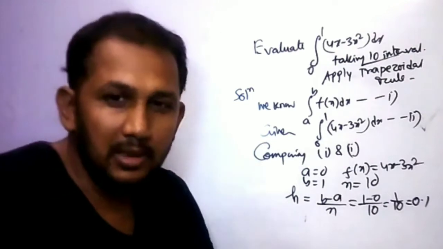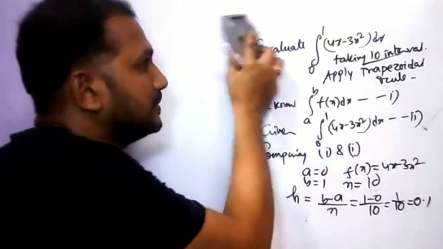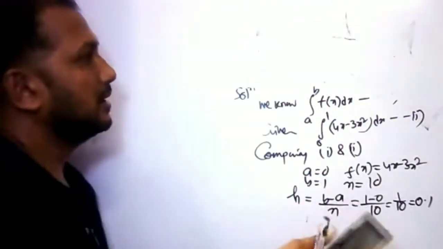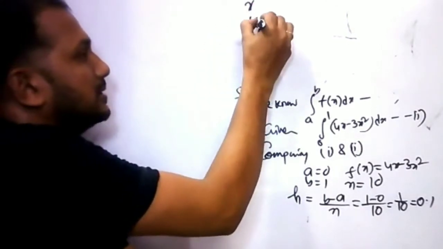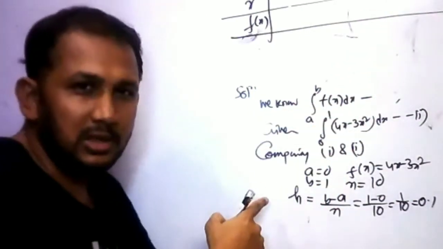Now we have to find the table of x and f(x). Initially x is 0, so let's start with the 0 value.